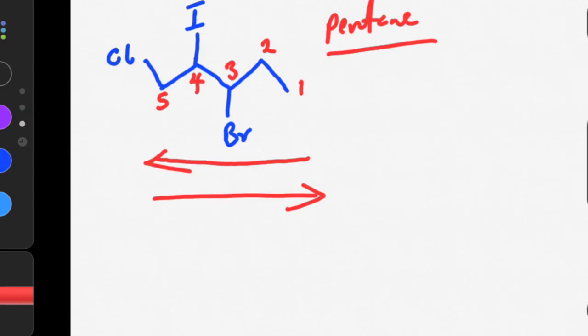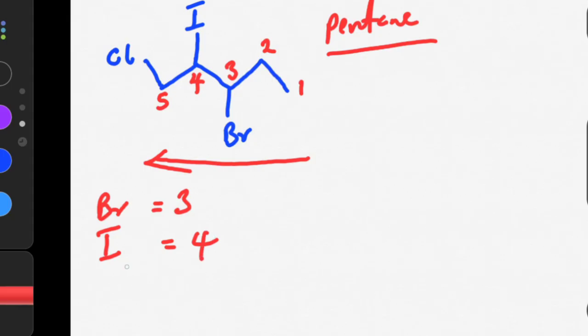So if you are going from right to left, that's 1, 2, 3, 4. That means bromo is on the 3rd, iodo is on the 4th, right? Then chloro is on the 5th, right?